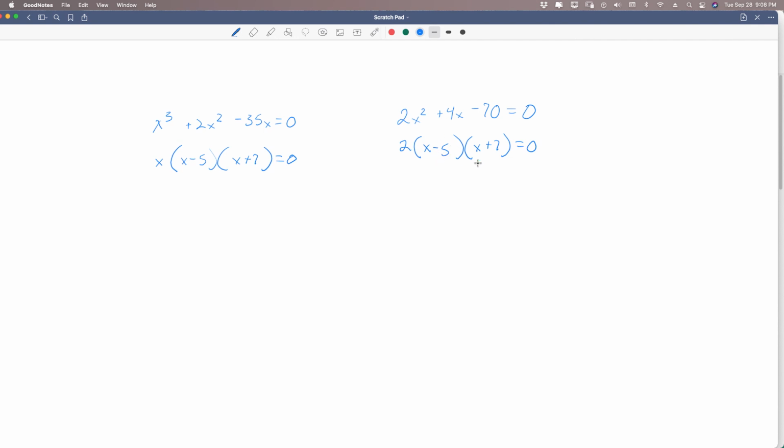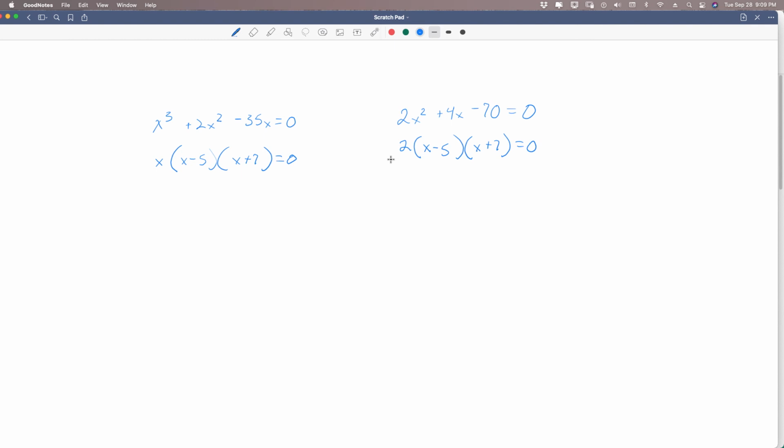X minus 5 and x plus 7 are the only ones that we can set equal to 0 because the factor 2 can never be set to 0. So 2 only equals the number 2. So do not make the mistake of trying to turn this into a 0.